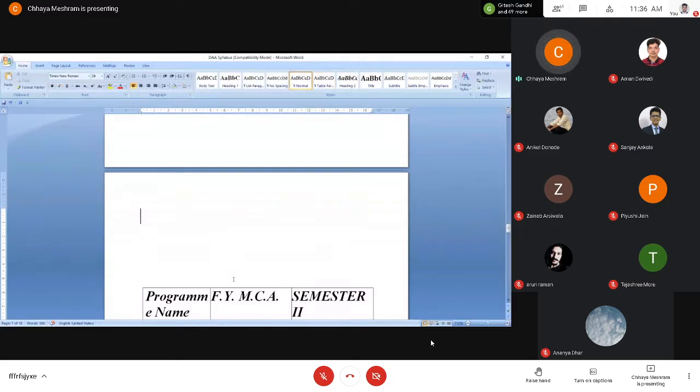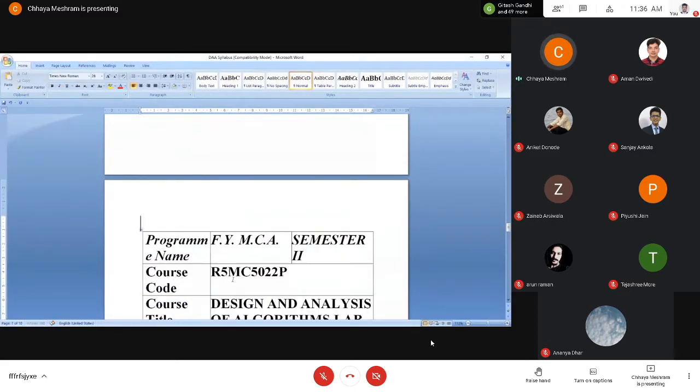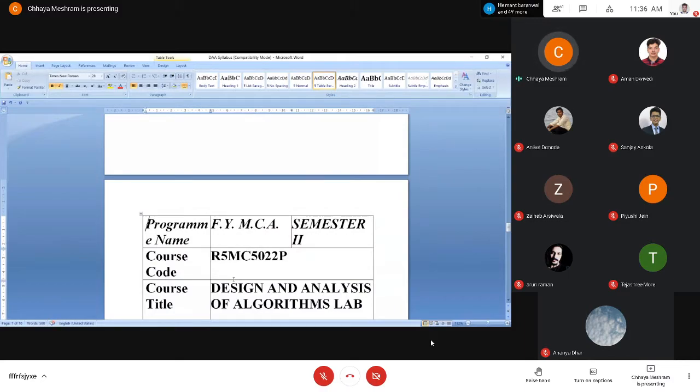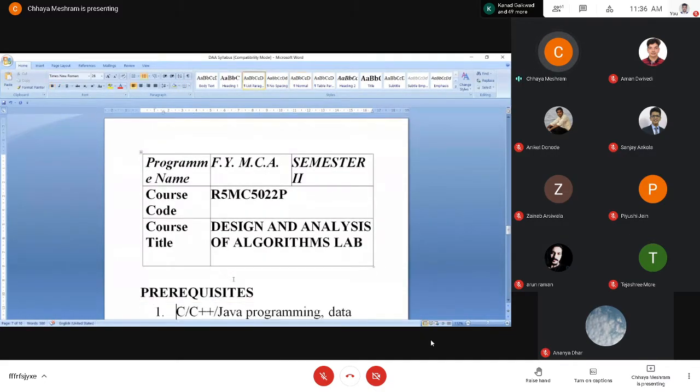Now along with this, as I told you, we have a practical session for this design and analysis of algorithm. Today also we have a practical at 2 o'clock. So what we are going to do in the practical, that also we will see.